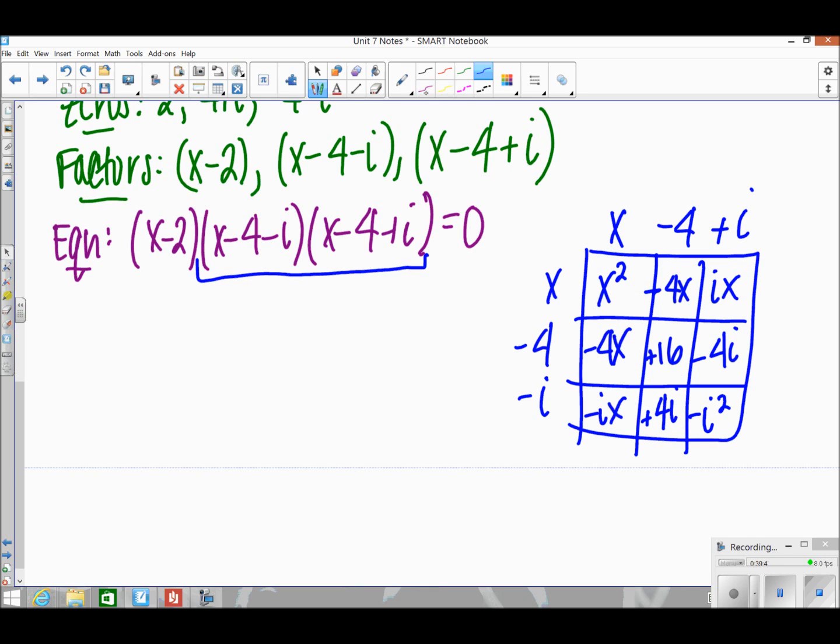So then what we're going to start doing is looking for some things that are going to cancel and keep any like terms. So we have an x squared. So I'm just going to cross them off as I use them. Then I have x's. So it looks like I have a negative 4x and a negative 4x. So it's going to be a negative 8x.